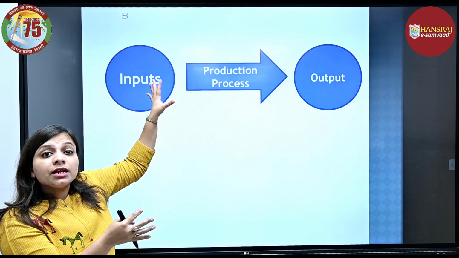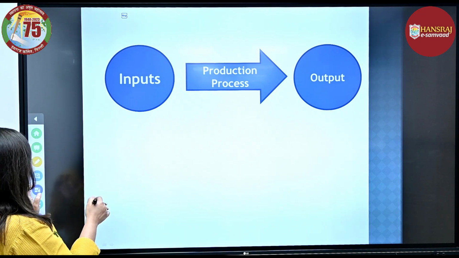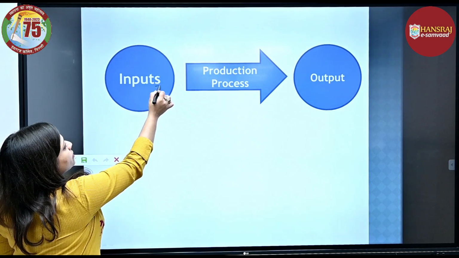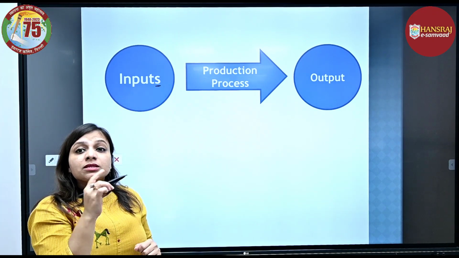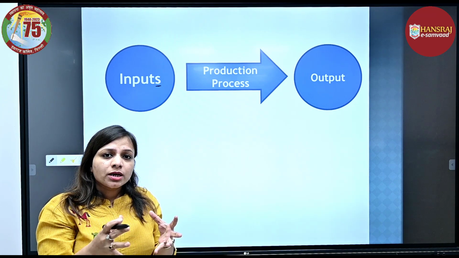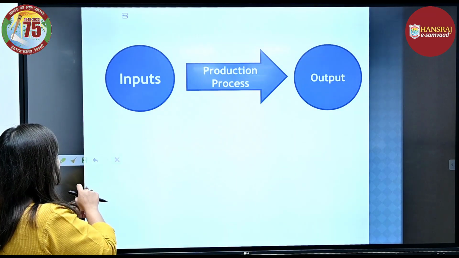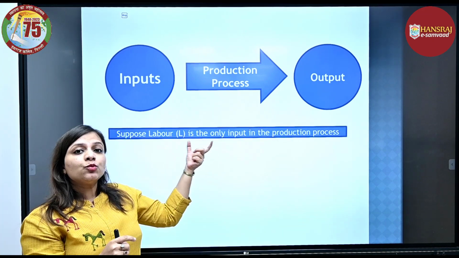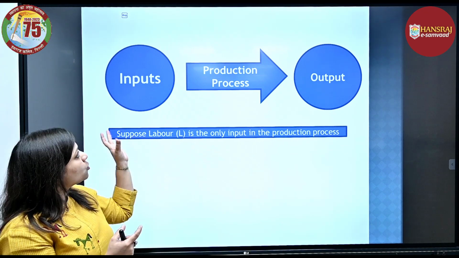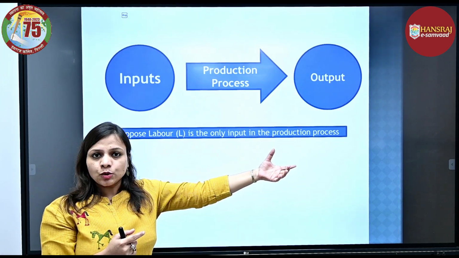There are many inputs going into the production process; I have written an S over here, that means there are many inputs. Understanding many inputs together will be a little difficult, so we assume that we have only one factor of production, that is labor. Let us assume that only labor is going into the production process to produce output.